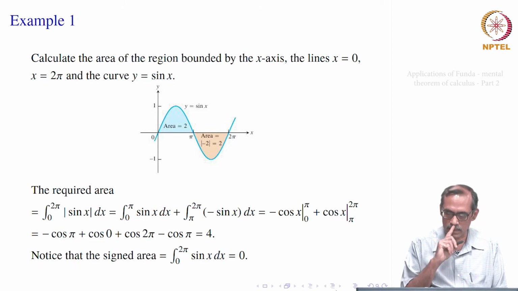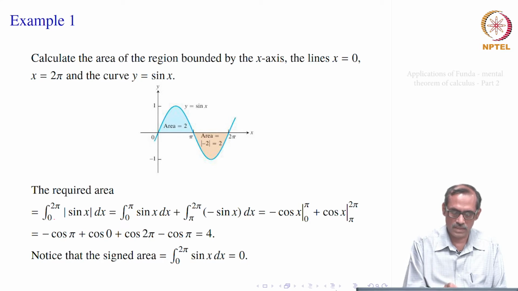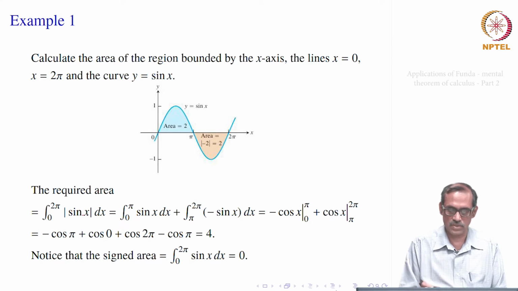But suppose you take the signed area, then you would have taken the integral 0 to 2 pi of sin x dx, and that would give you 0, because minus cos at 2 pi and at 0 are both the same. So, it gives the value 0.